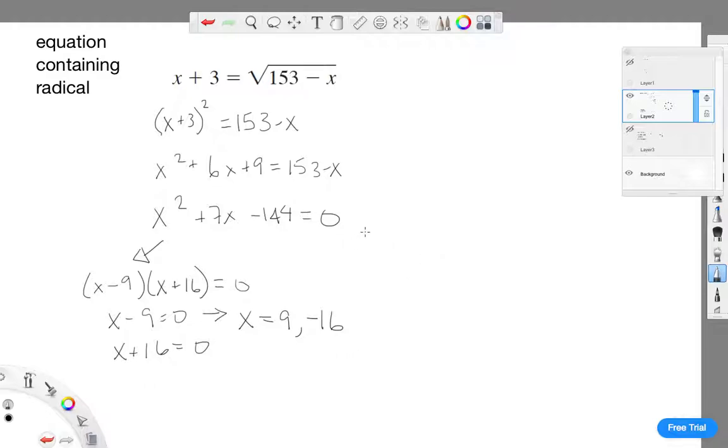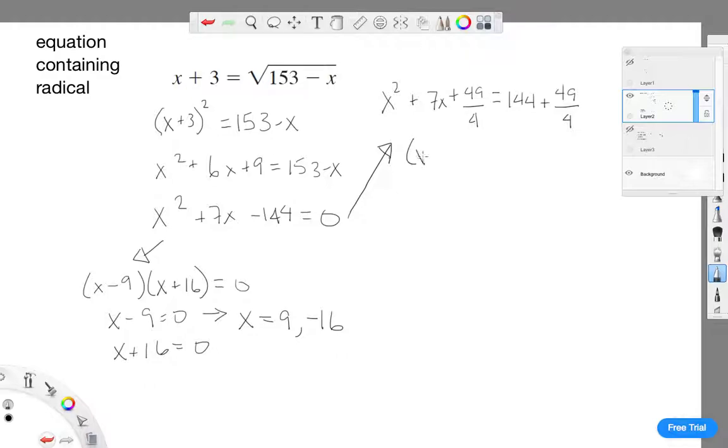All right, we can in fact complete the square as well, although it's a little bit messier. Let's complete the square up here. And so we've got x squared plus 7x plus 1/2 of 7 squared, so that's plus 49 over 4, and that's equal to 144 plus 49 fourths.